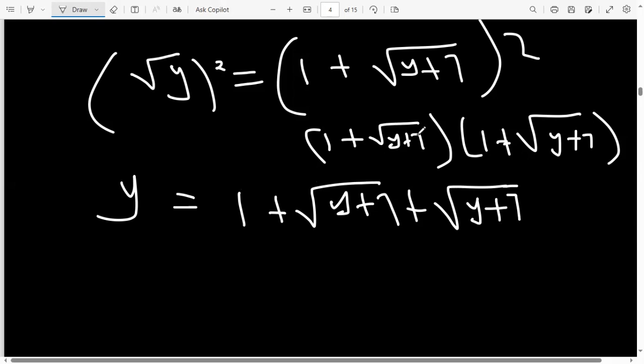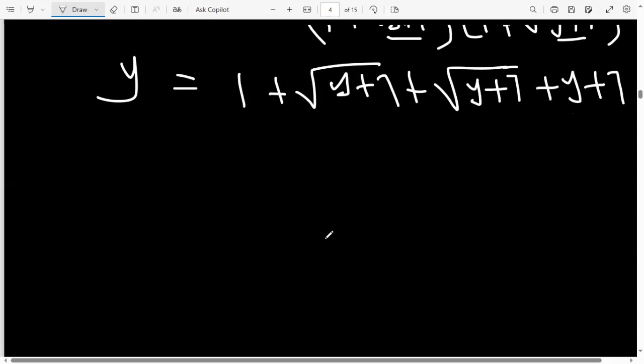So if these radicals contain the same expression and you multiply them like that, this root is going to cancel out this root. So what are we going to have? We're just going to have plus y plus 7. Okay, I hope you're following. If you have any questions, you're free to ask.